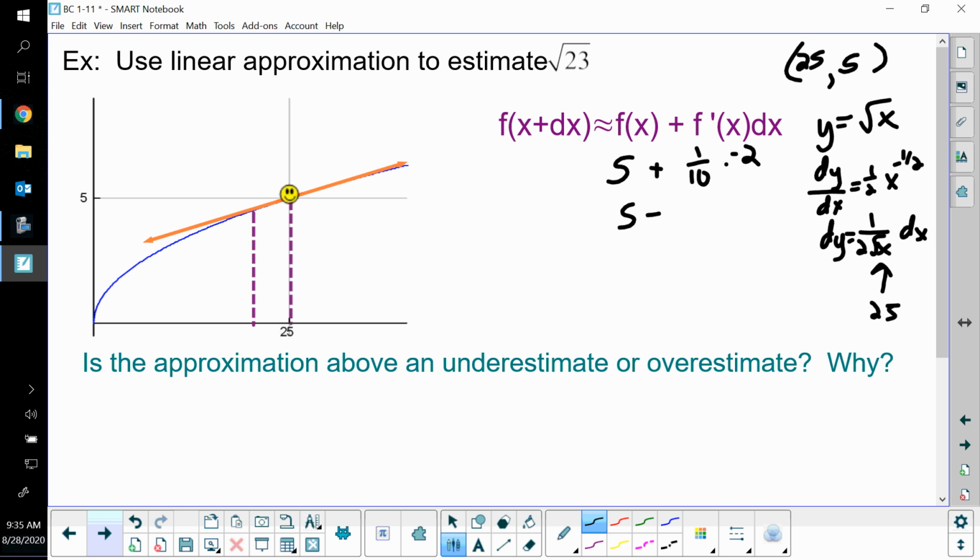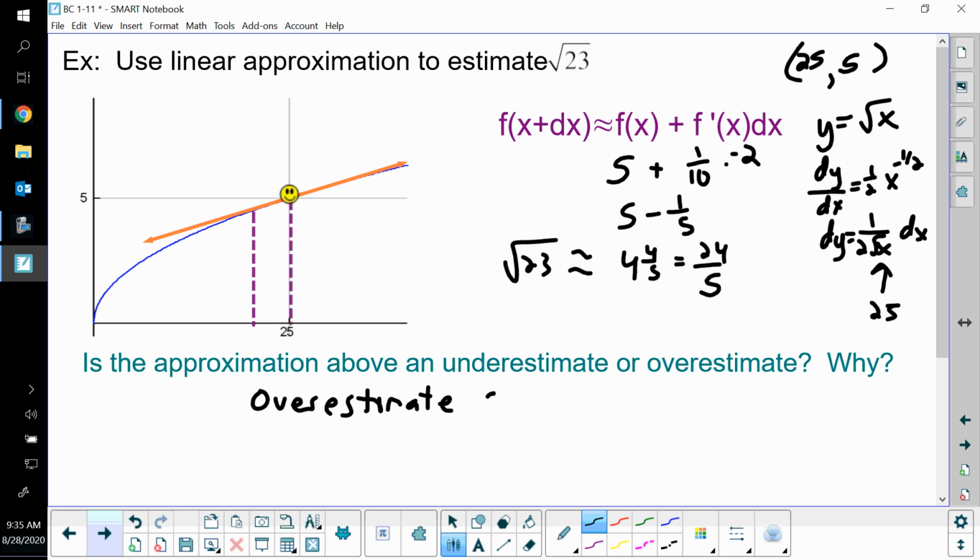So this will be 5 minus 1/5, so either 4 and 4/5 or 24/5. And that is the approximate value of square root of 23. This, again, would be an overestimate, since f of x is concave down.